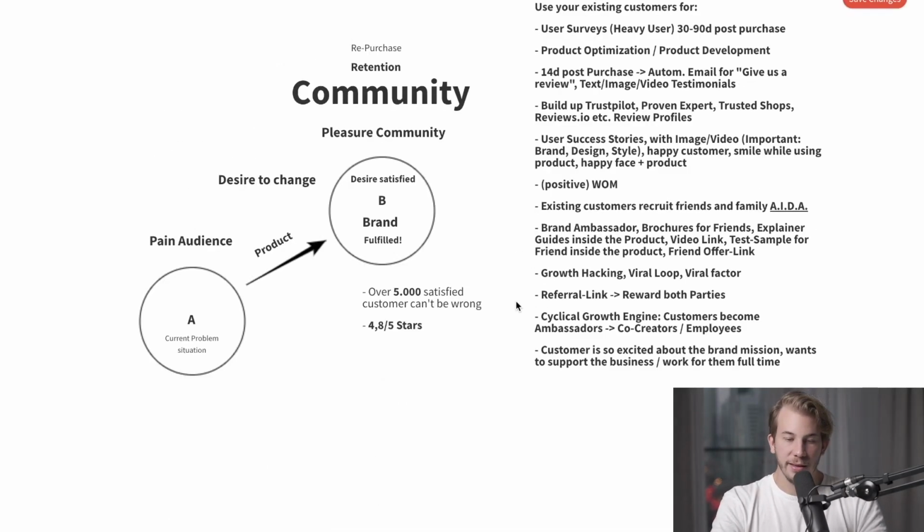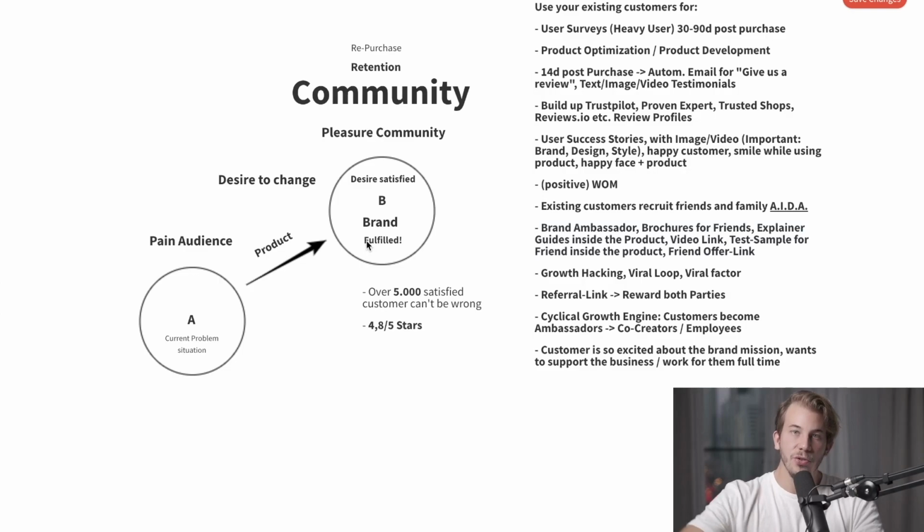Overall, you see how this turns into a cyclical growth engine, where some customers are acquired through your marketing, they are happy, they become part of your organization, spreading the message, helping with your marketing, helping with positive word of mouth, becoming brand ambassadors, basically salesmen for your organization.